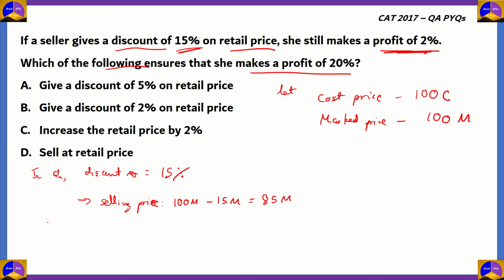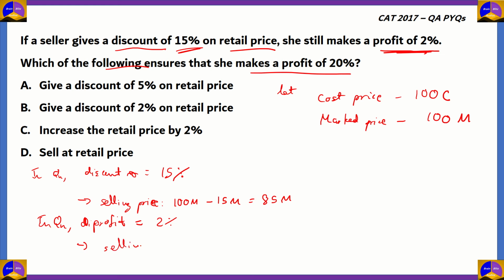Okay? We also know that in this question, for the first sale, the profit that she gets after giving the customer the discount is 2%. Now, what does that mean?